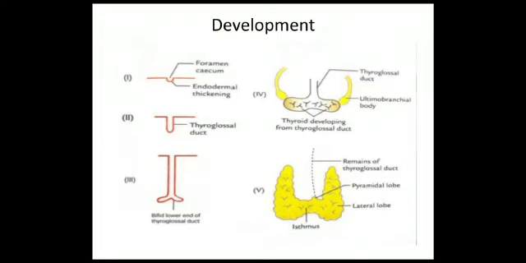And we have the incorporation of the ultimobranchial body. So the thyroglossal duct forms a remnant. So in this way you can see the development of the isthmus as well as the two lateral lobes.